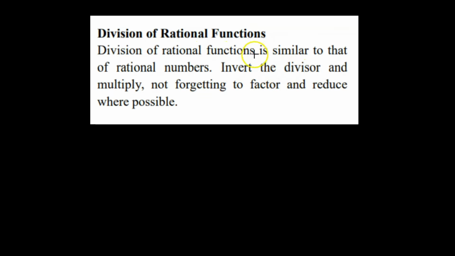So division of rational functions is similar to that of rational numbers. Therefore, invert the divisor and multiply, not forgetting that when it comes to multiplication, you must write the functions in their factor form and therefore you reduce them where possible. So division of rational functions is almost the same as reducing rational functions to their simplest form.